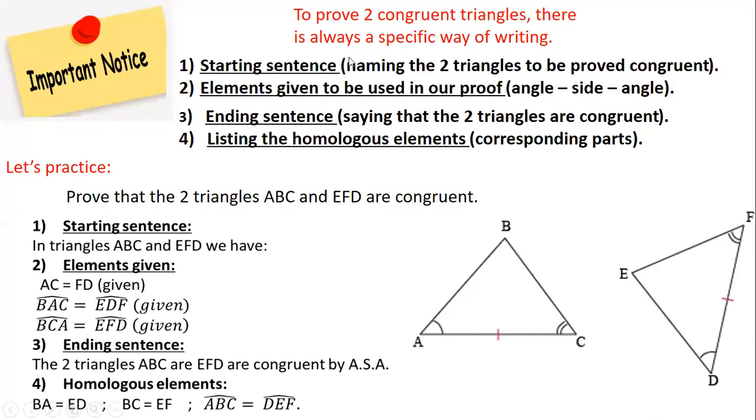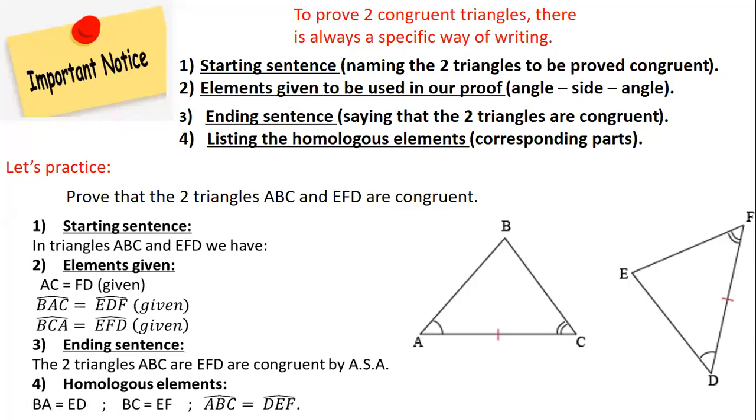Please, Razan, start reading from the top of the slide. To prove two congruent triangles, there is always a specific way of writing. We should follow these 4 steps. Read them slowly, take your time.